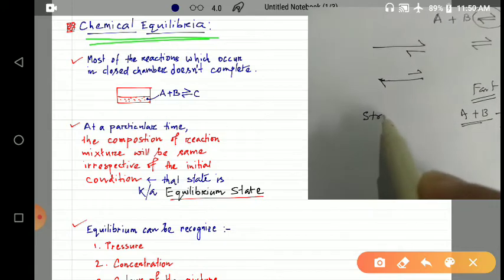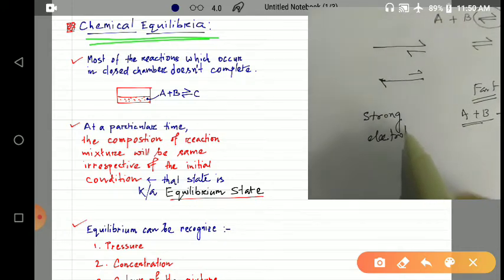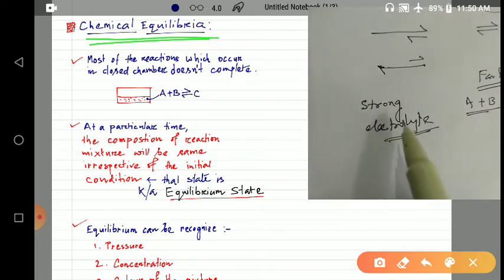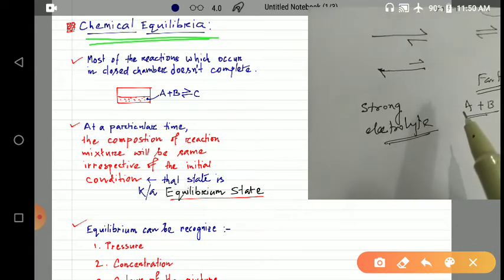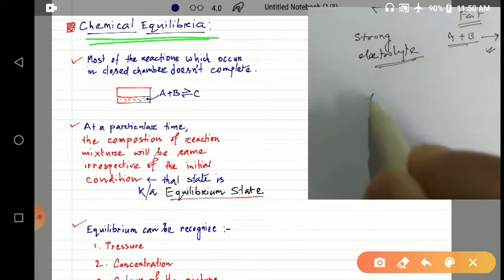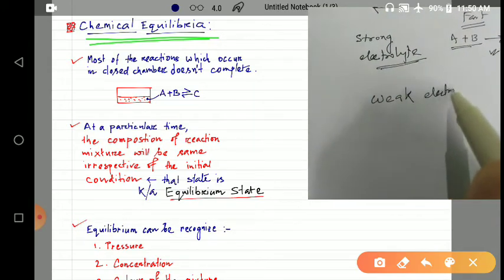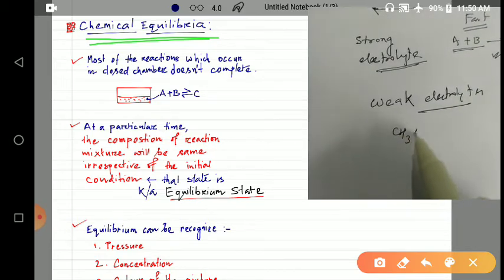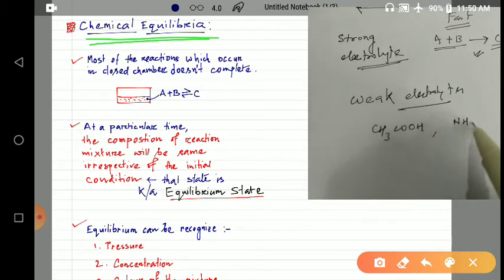Similarly, we will not observe reversibility in strong electrolytes. Strong electrolytes will not show reversible reactions or reversibility. Mainly we get reversibility in weak electrolytes, as for example acetic acid, CH3COOH, and ammonium chloride.